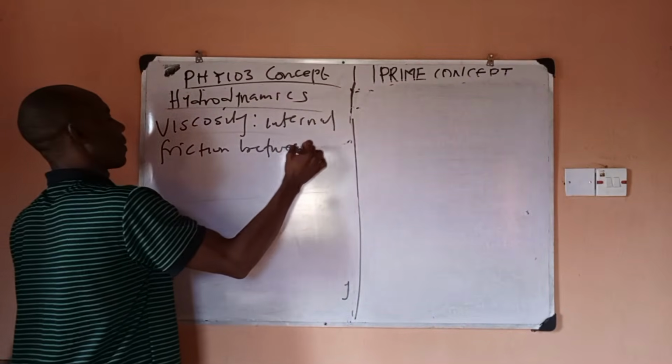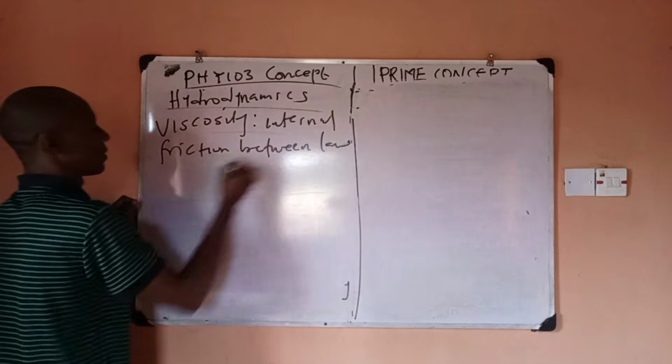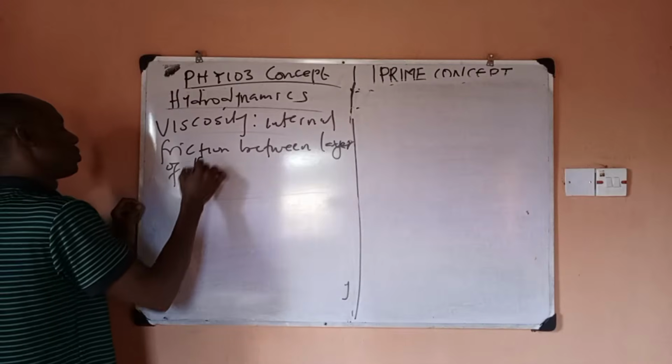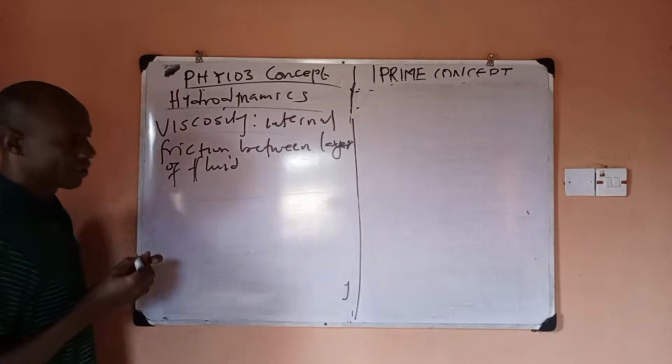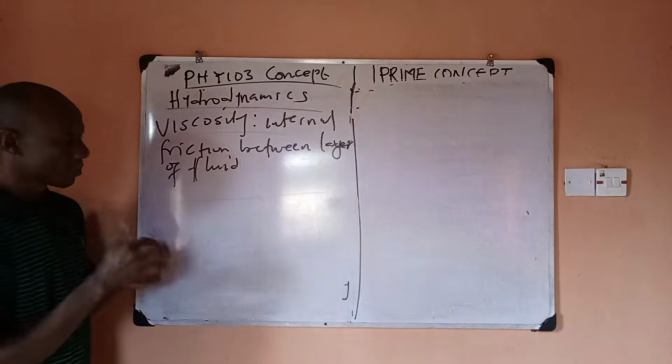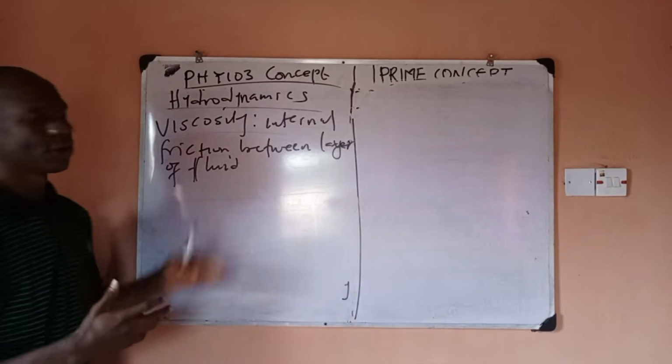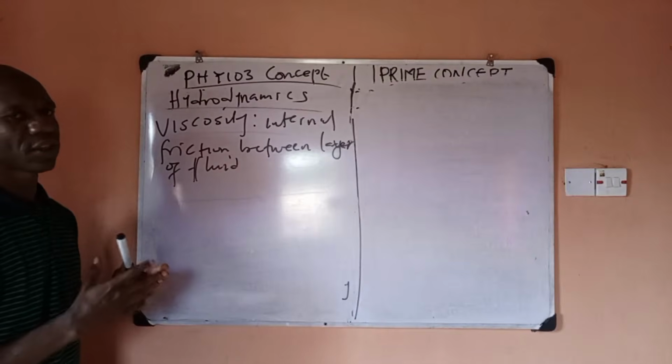between layers of fluid. That is viscosity, right? So we want to derive or get the formula for the coefficient of viscosity.